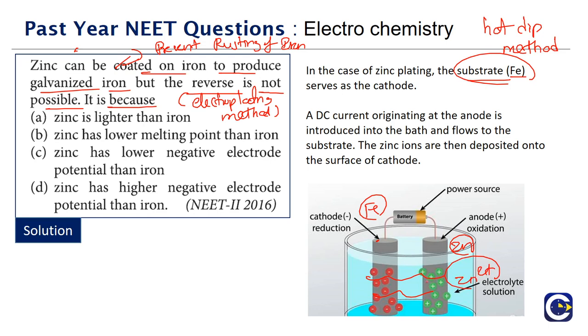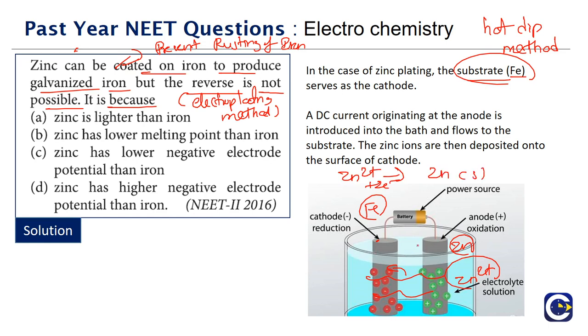Now what happens when we perform the electrolysis is, the zinc ions will undergo reduction at the cathode, and they will form a layer on the surface of the cathode. So when the zinc undergoes reduction, it will form zinc solid on the surface of the cathode.